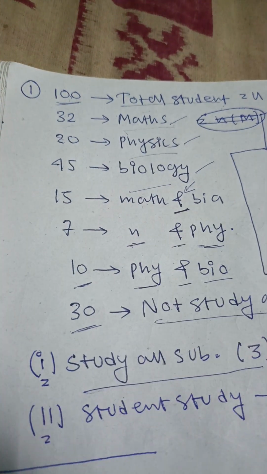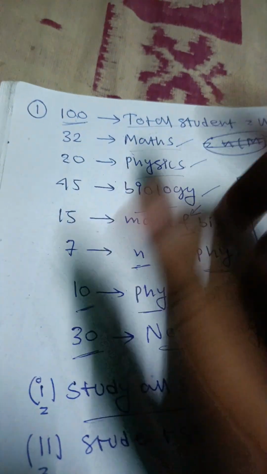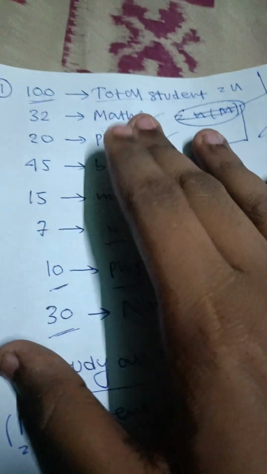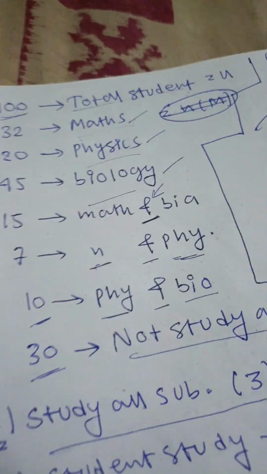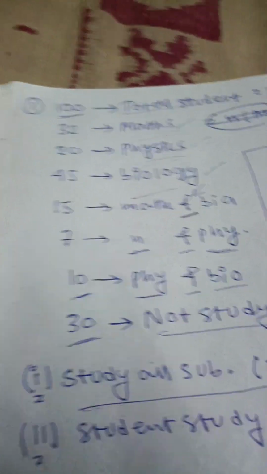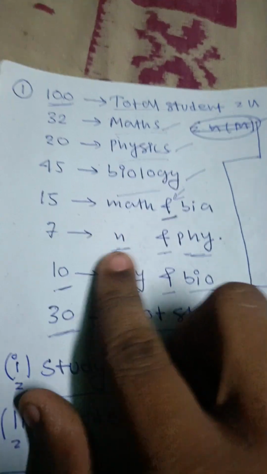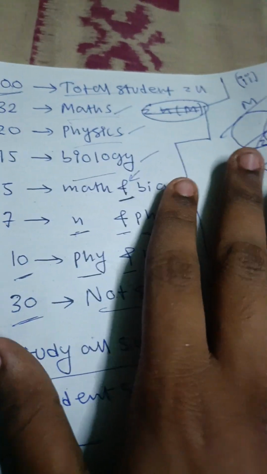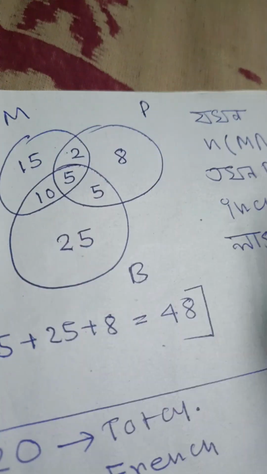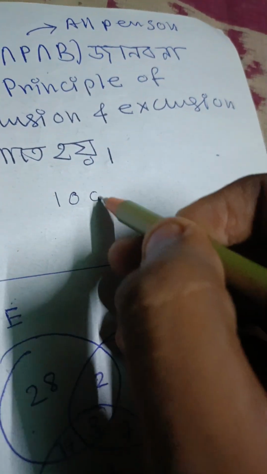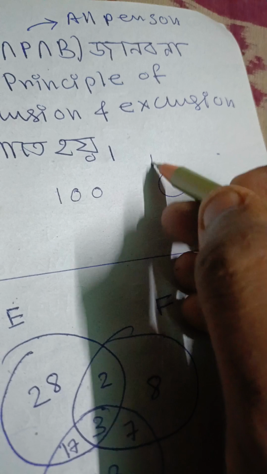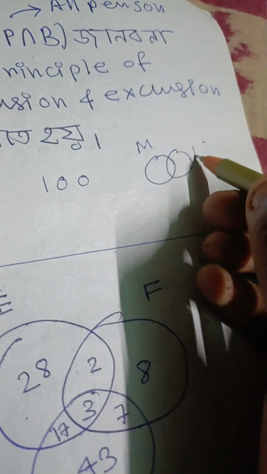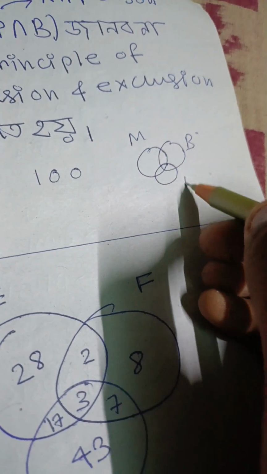So you will say we will add all the subjects, maths, physics and biology. No. This cannot be done like this, because there are students who have taken biology and maths too. Let's see with an example: there are 100 students, and some students have taken maths, some have taken biology, some have taken physics.